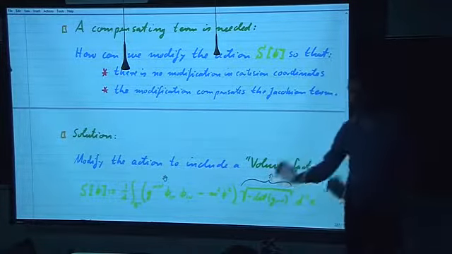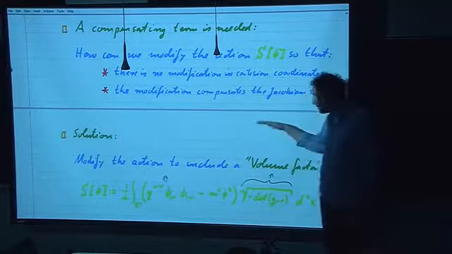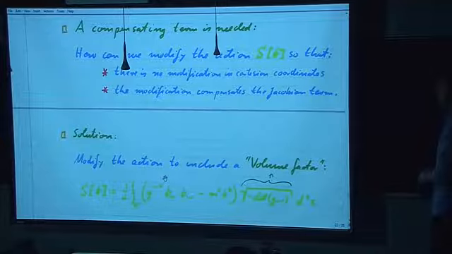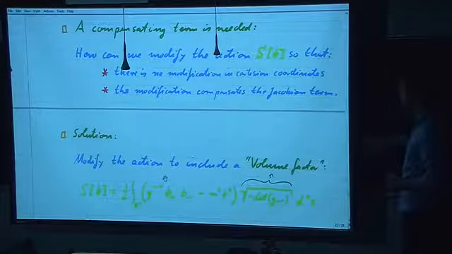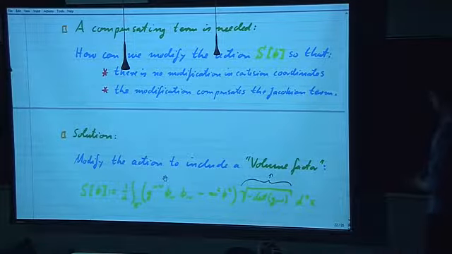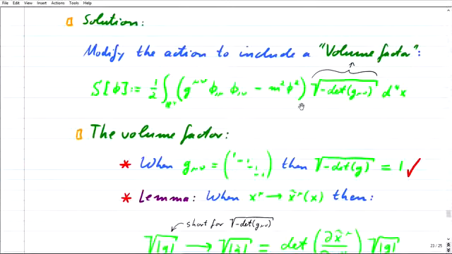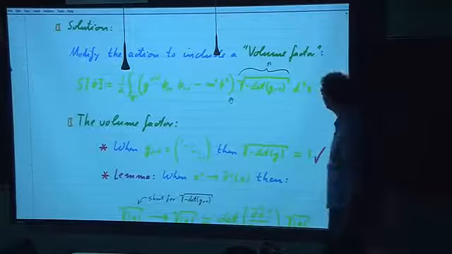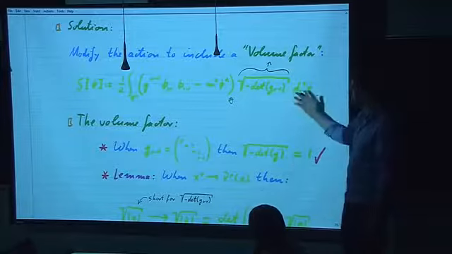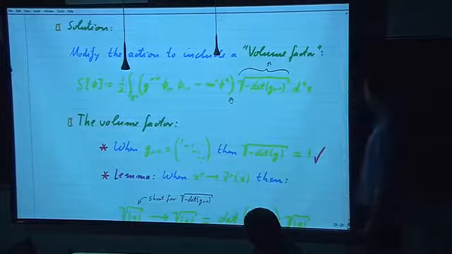So we want to add a term to the action which, for flat rectangular coordinates, is just 1, just not changing anything, and yet it transforms the right way so as to absorb the measure changes as we change coordinate systems in a generic way. So what we do is we modify the action to include a so-called volume element, a volume factor, and the suitable thing to do for that purpose, it's a longer story to prove it, is to put the factor square root of minus the determinant of g mu nu.